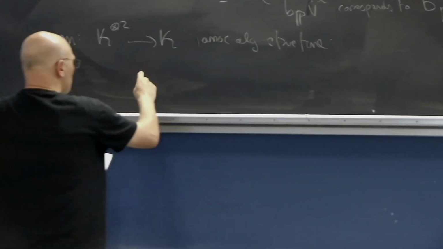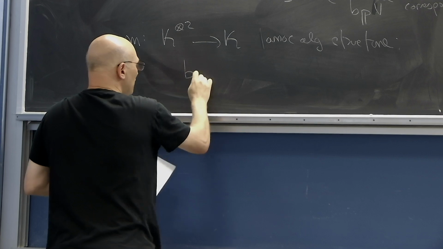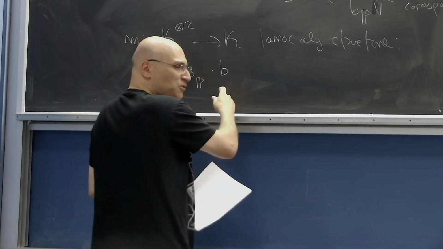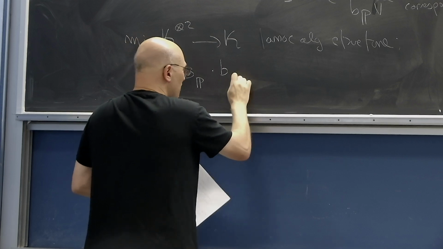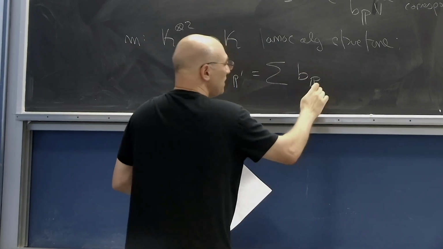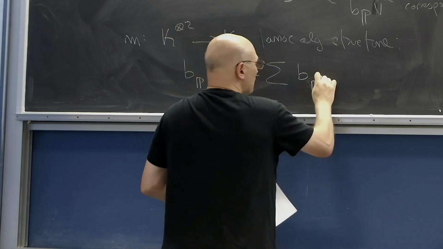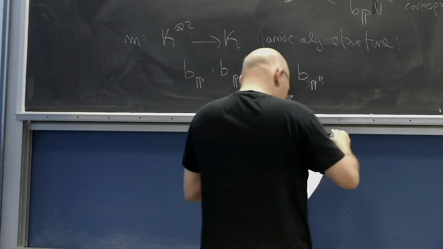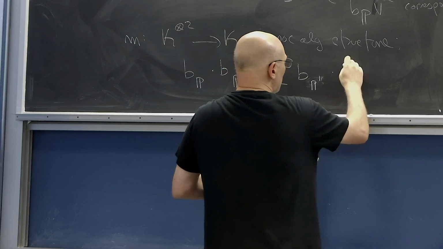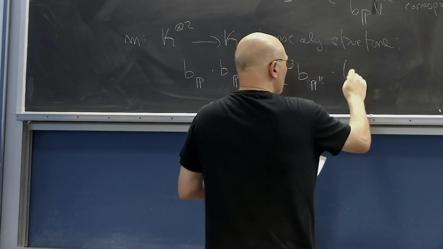Okay, so in associative algebra structure, maybe I'll just write it like this. BP times BP prime is the direct sum of BP double prime times, how do I write this?